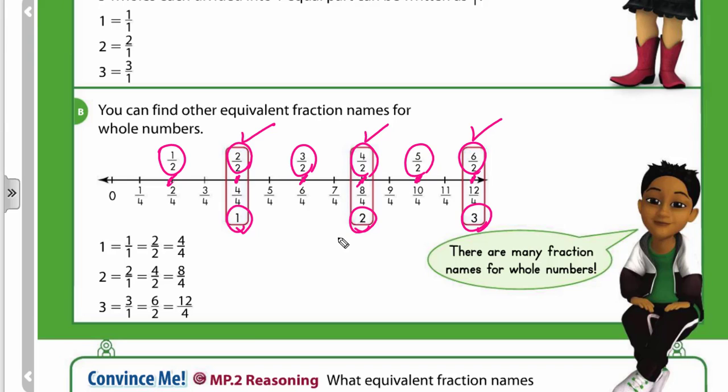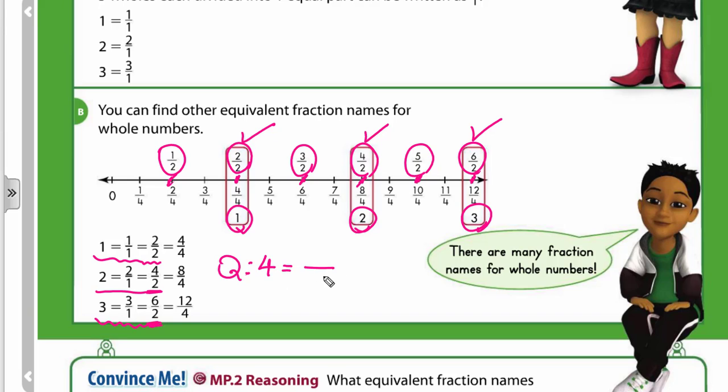Okay, so here I will ask a question. We said that the whole 1 is 2 halves. It's written here also. The whole 1 is 2 halves. The whole 2 is 4 halves. The 3 whole is 6 halves. The question is, what is the whole 4?